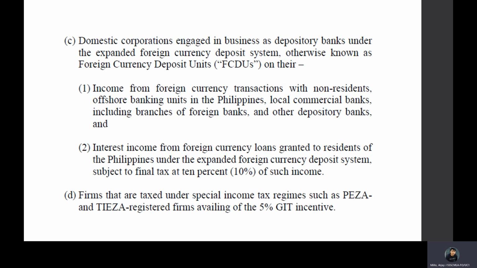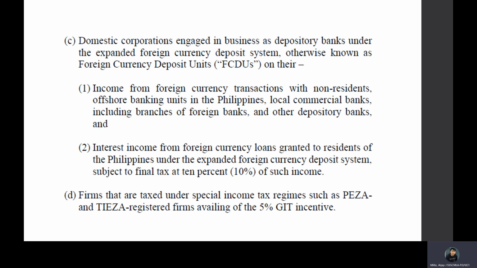And then domestic corporation engaged in business as depository banks under the expanded foreign currency deposit system, otherwise known as the FCDUs. So hindi rin sila subject sa MCIT on their income from foreign currency transactions with non-resident offshore banking units in the Philippines, local commercial banks, including branches of foreign banks and other depository banks.